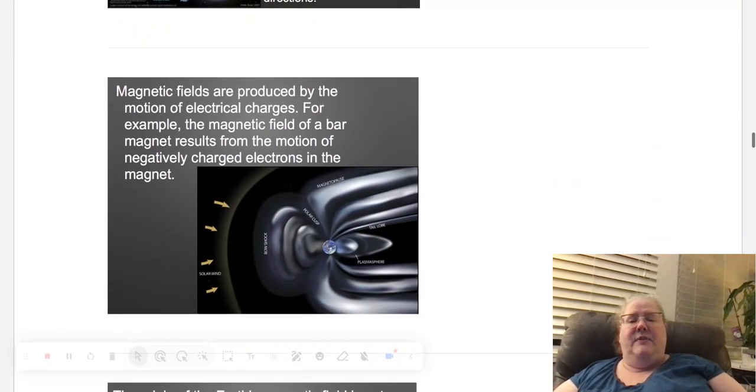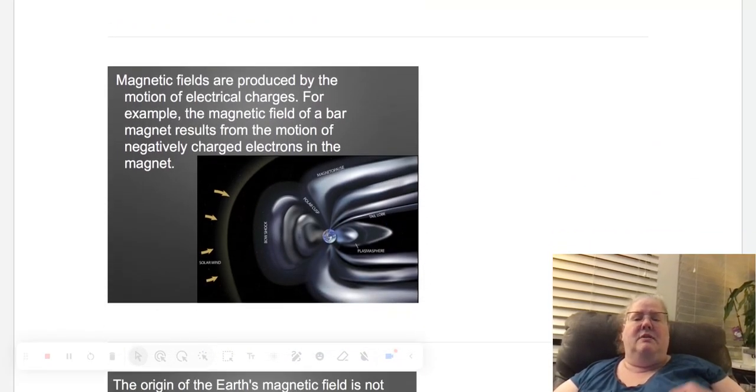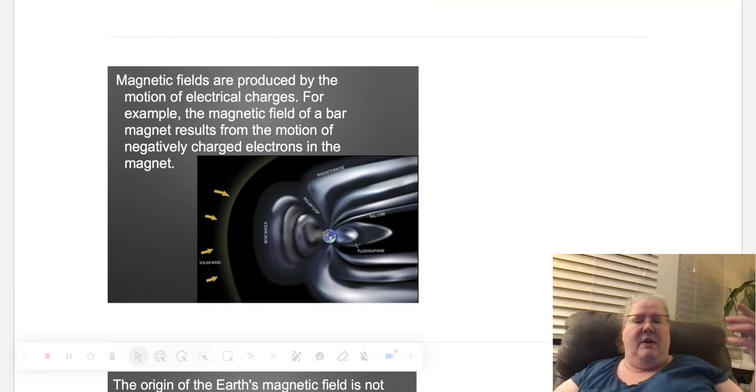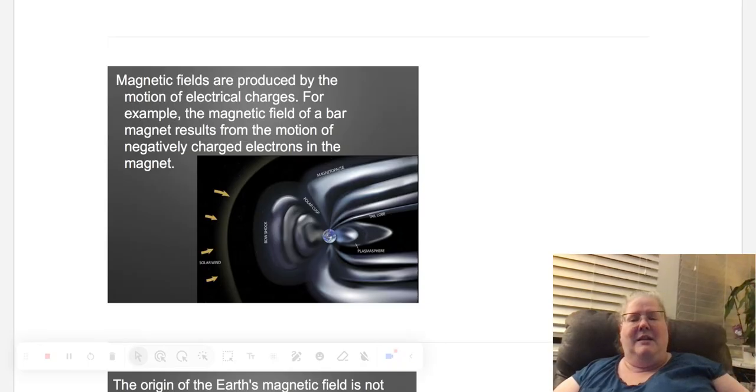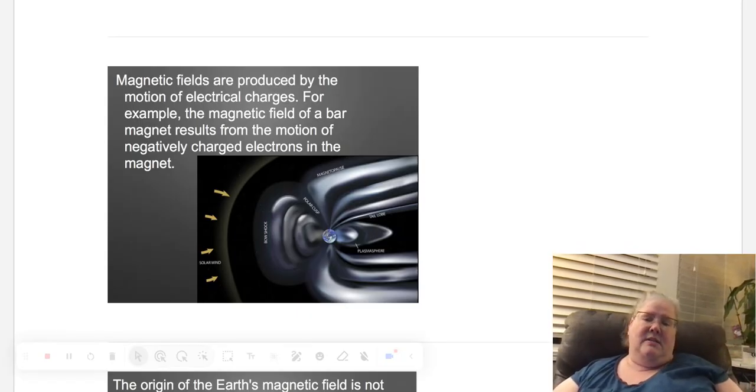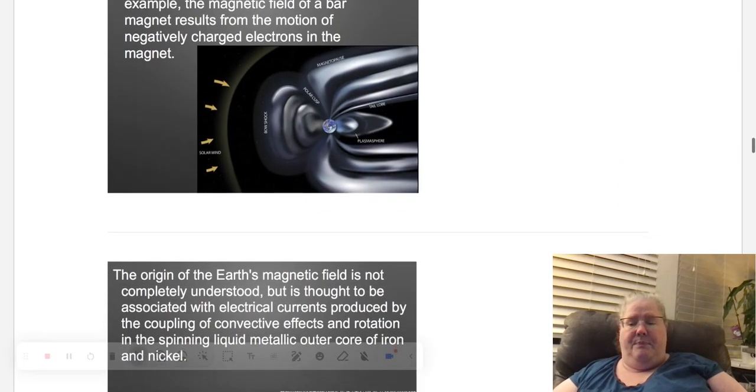So those magnetic fields are produced by the motion, basically, of electrical charge. Those ion particles spinning generate an electrical field, which generates some magnetism. It's kind of like, for example, a magnetic field on a bar magnet results from the motion of negative charges in the electrons. In this case, our charge is occurring because the iron is spinning around the inner core.